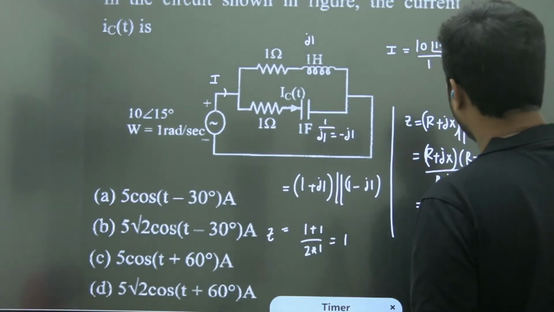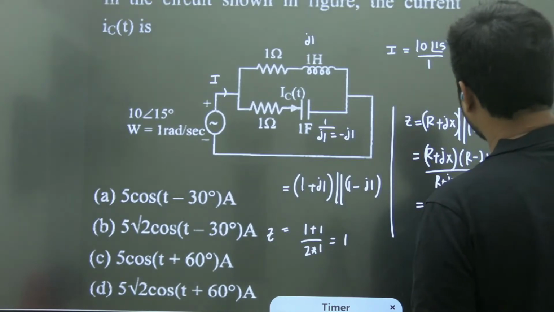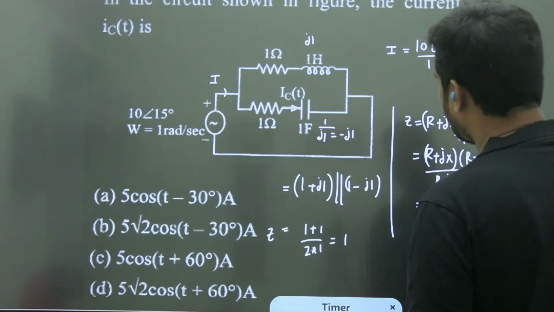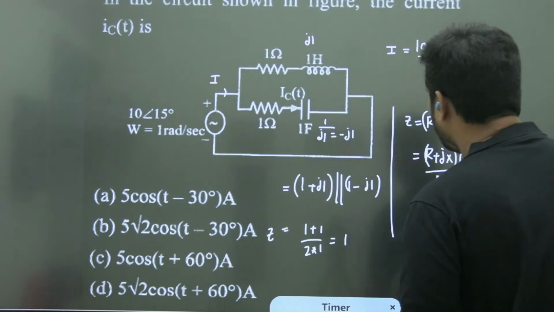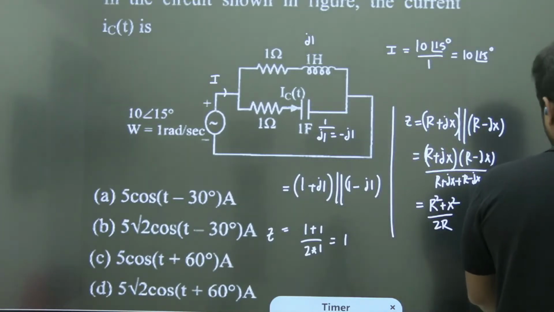सॉरी यार, करंट तो निकाला, वोल्टेज चाहिए तो you can do current division principle and find. You need IC of t, right?